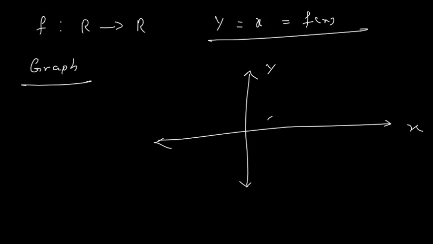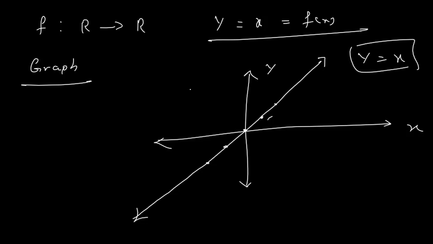So for (1, 1), I will get a point somewhere here. Value of x is 1, so value of f(x) is also 1. Value of x is 2, value of f(x) is also 2. Value of x is 0, value of f(x) is also 0. Value of x is minus 1, value of f(x) is minus 1. Value of x is minus 2, value of f(x) is minus 2. So we get a straight line like this. This is my function y equal to x, and this function is called the identity function. I can write f(x) equal to x or y is equal to x. So this is your identity function.